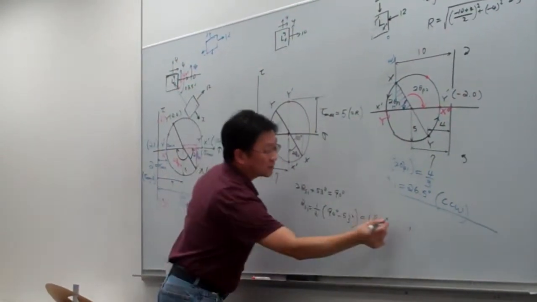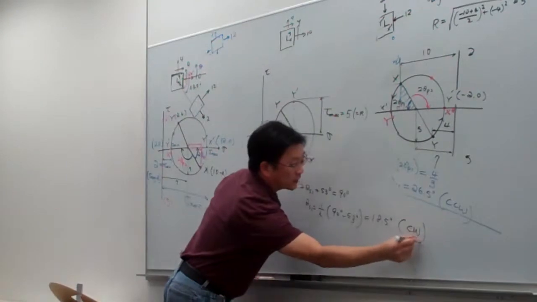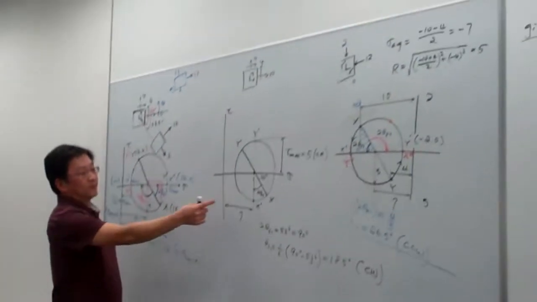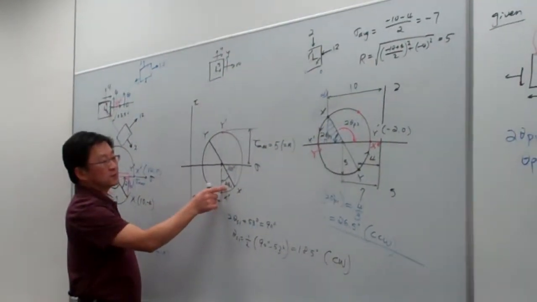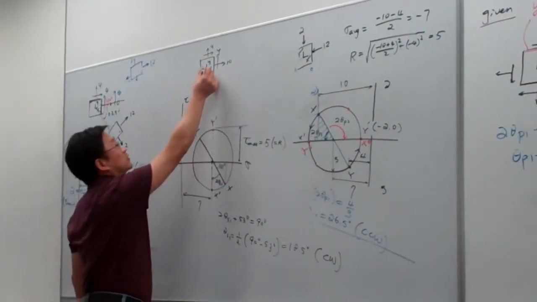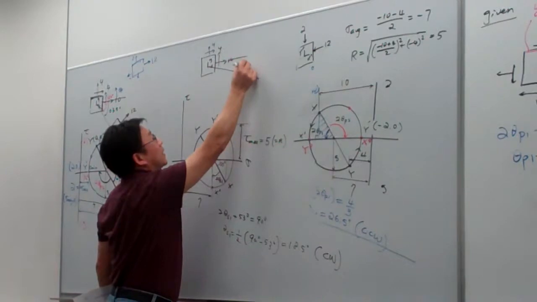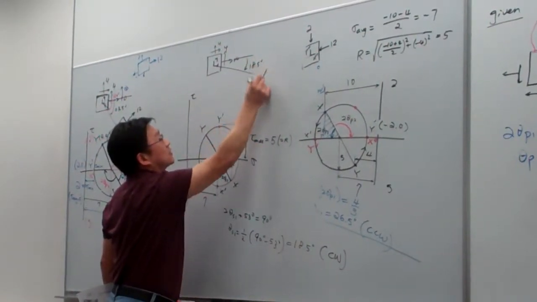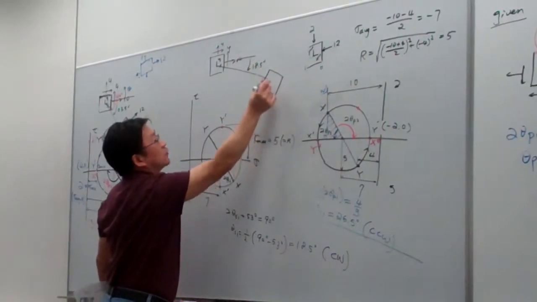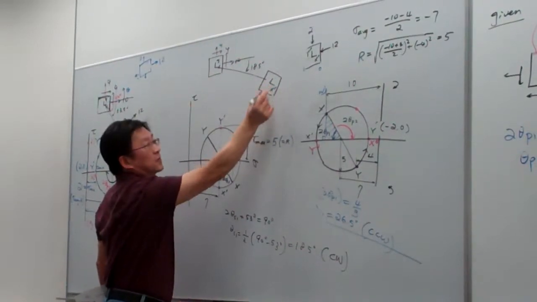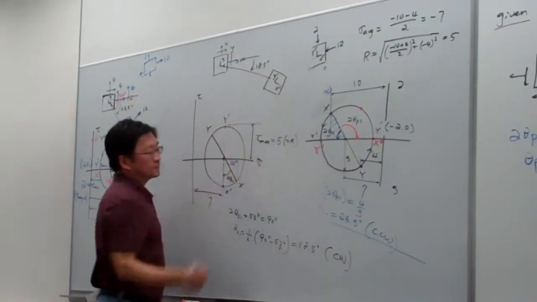This is the clockwise direction. From here we calculate theta s1 in the clockwise direction, so we rotate by 18.5 degrees this way. This will be our transformed x-axis and y-axis.